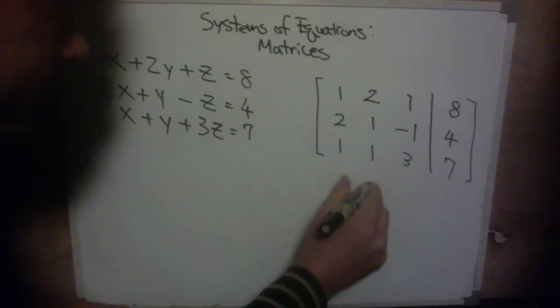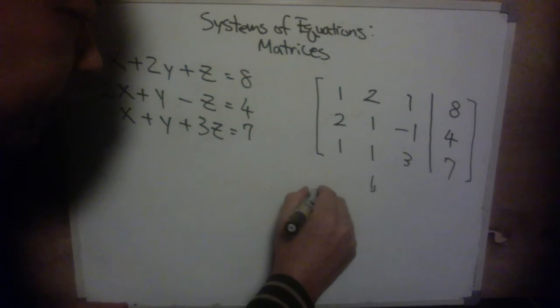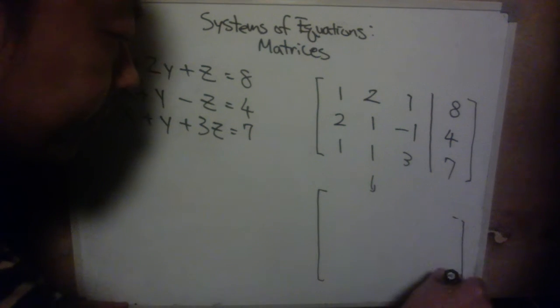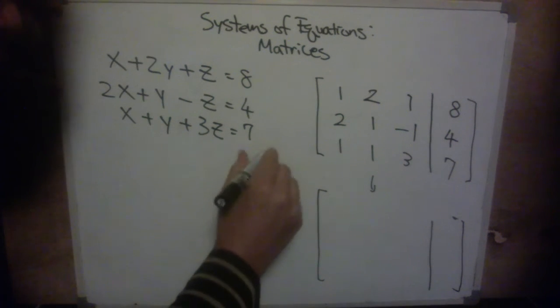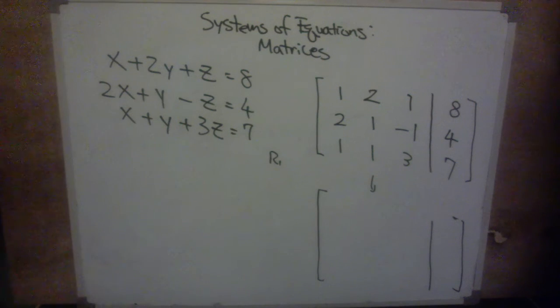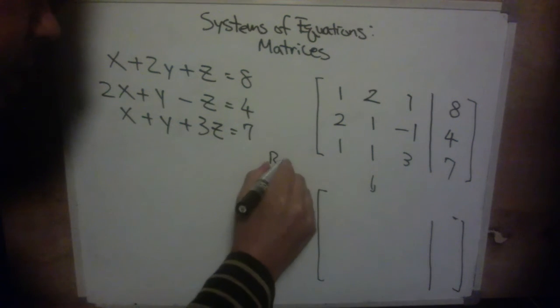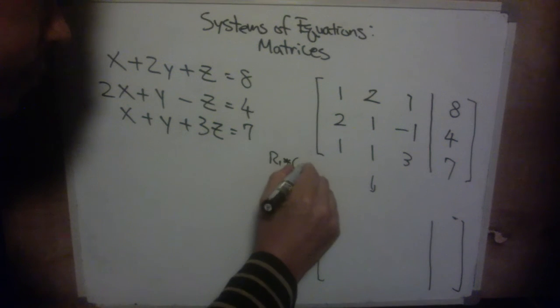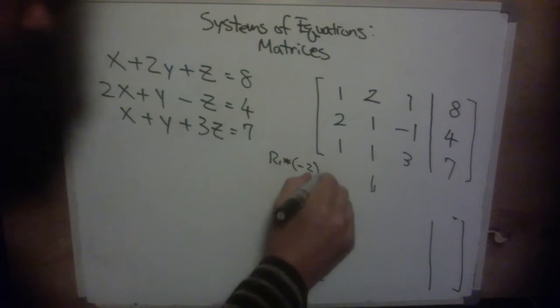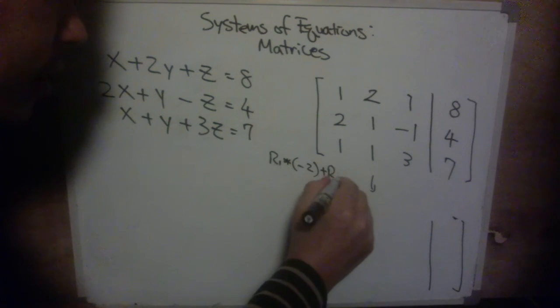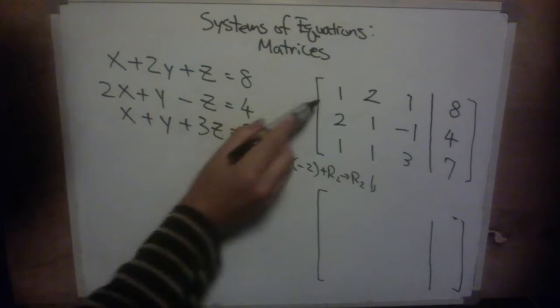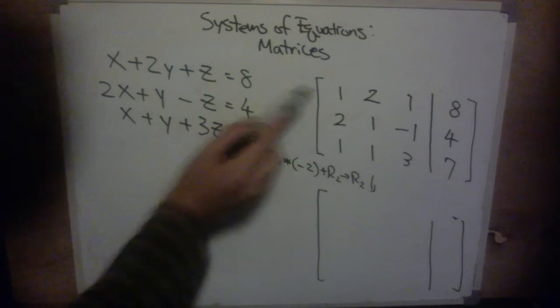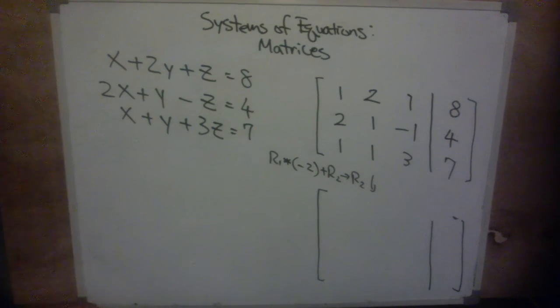So going from here to here, I can take row 1, multiply by -2, and add it to row 2, and that's going to be my new row 2. Row 1 is going to stay the same, and row 3 is going to stay the same. I'm not going to do anything to them.